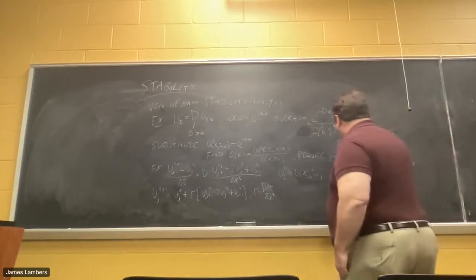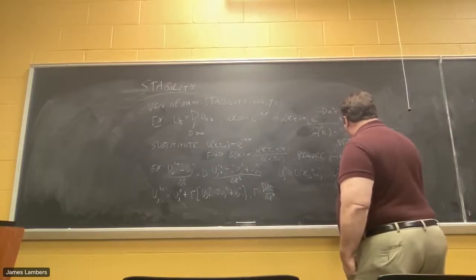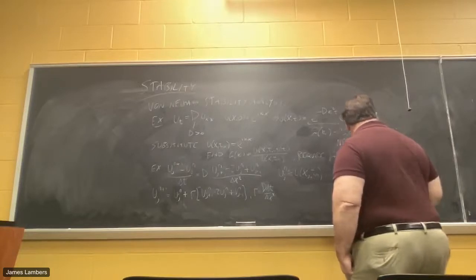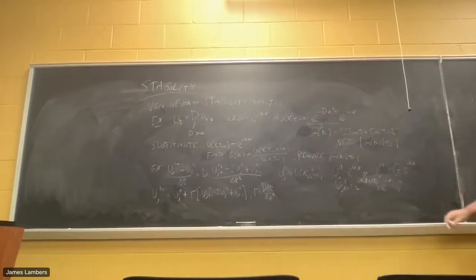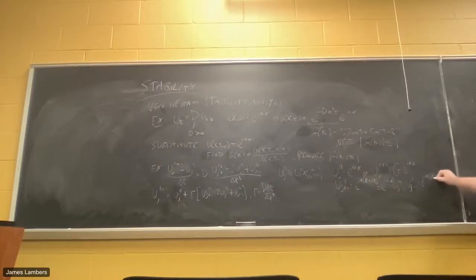Also, U_(j+1)^n is equal to e^(ik(x+delta x)), so that's e^(ik delta x) U_j^n. And similarly, U_(j-1)^n is e^(-ik delta x) U_j^n. So now I can make all of these substitutions.